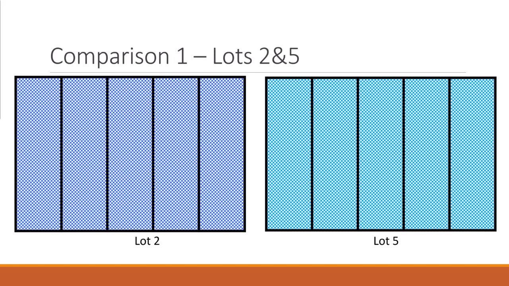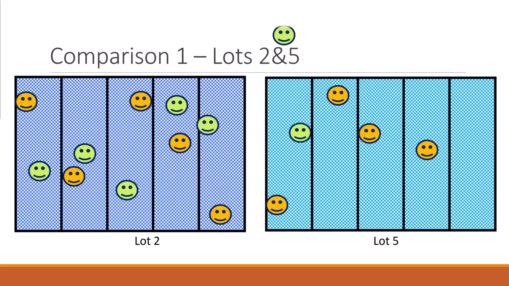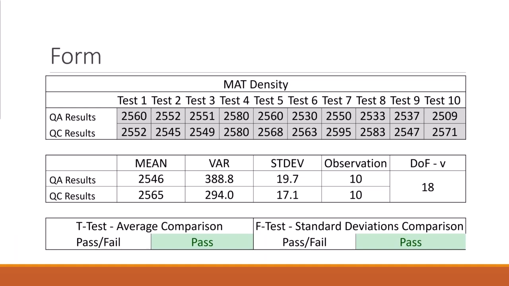Just a visual demonstration, going back to lot 2 and lot 5. If the state and the contractors come in and do all their test data, then you can do a comparison with all that data. There'll be a digital form that we can fill out, if the button will work to click. It looks similar to this.